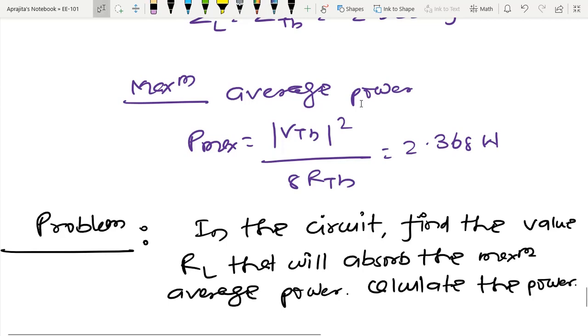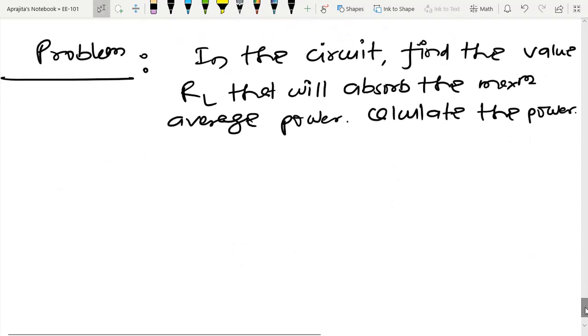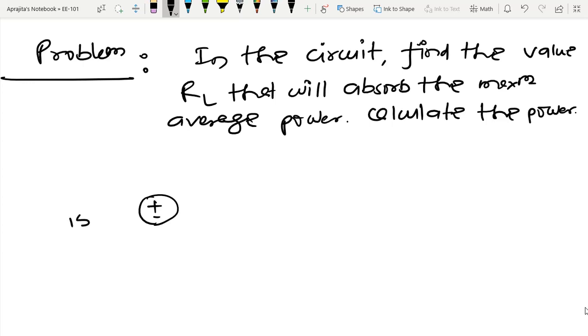So let us draw the circuit. Basically in maximum power transfer, we have just two different kinds of load. So in this lecture I am going to cover both loads. In the first example I have covered the load as an impedance.